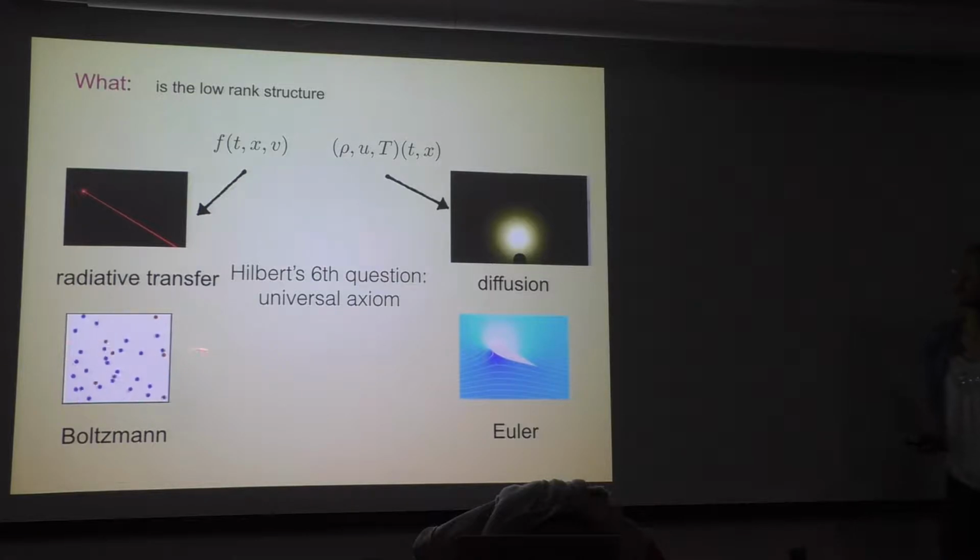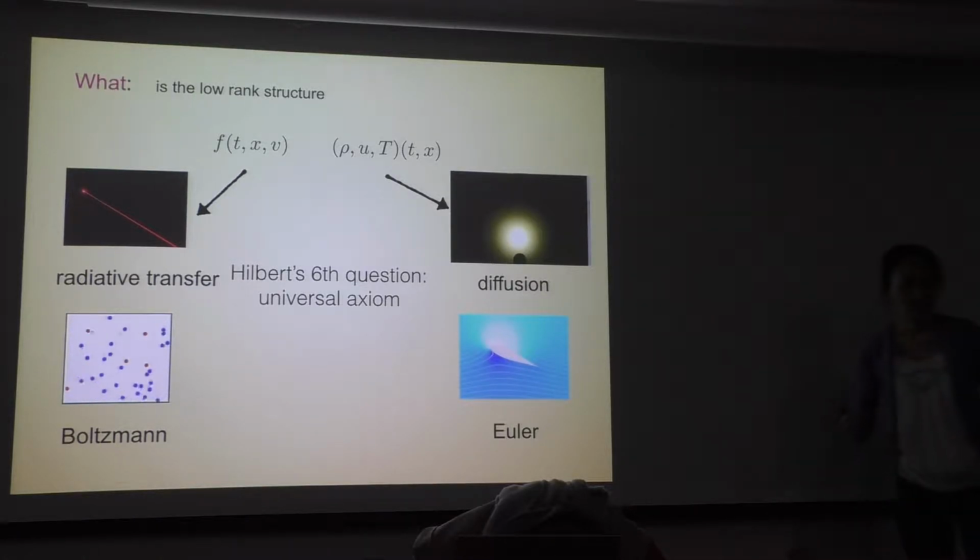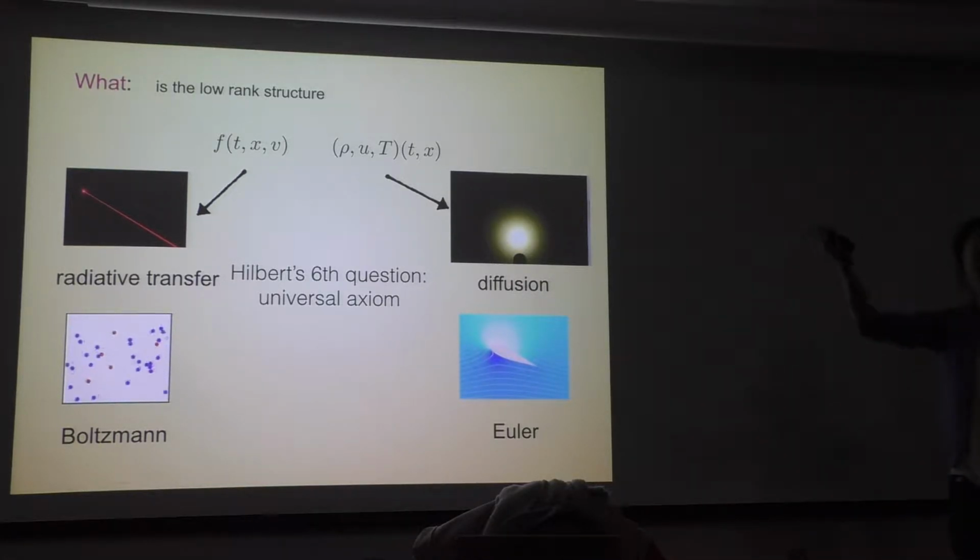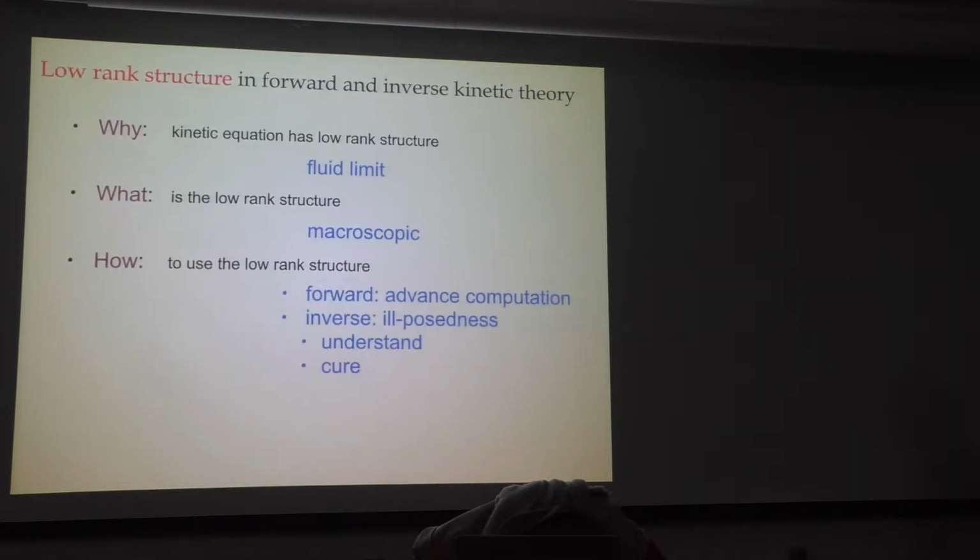The Boltzmann equation is proved to be approximately equivalent to the Euler and Navier-Stokes equations. That's why in aerospace, in airplane design, when you design the airfoil, sometimes people use the Euler equation as an approximation, and sometimes people use the Boltzmann equation as an approximation. So the low-rank structure, or the macroscopic quantities, is encoded in the fluid limit.